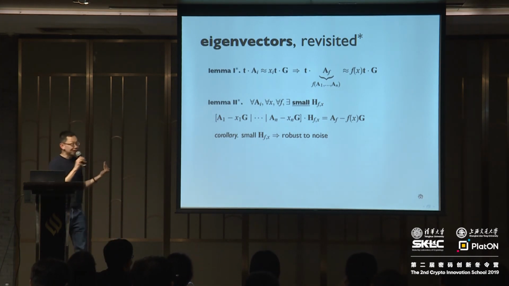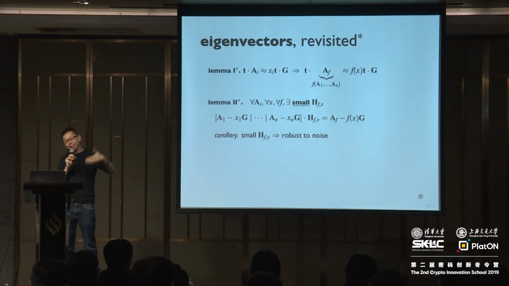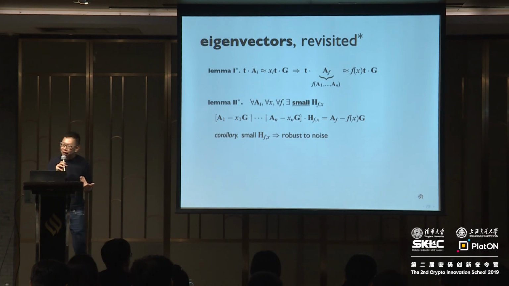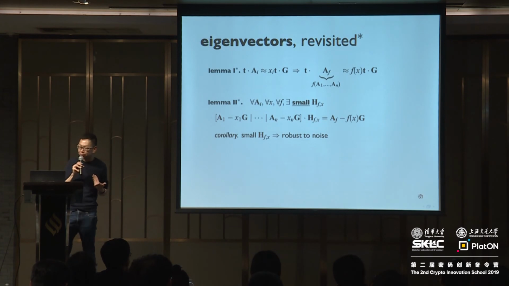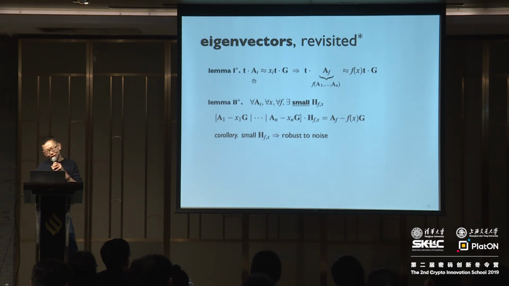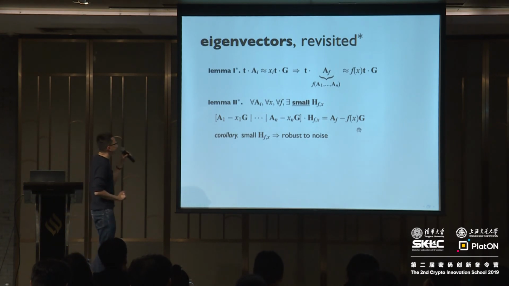Where instead of t times A_i is exactly equal to x_i times t, you get a robust version that holds even when t times A_i is close to x_i times t times G. So the robust version looks a bit like the previous thing, except there's an extra G over here. There's t on both sides. And now I claim that lemma 2 implies lemma 1.